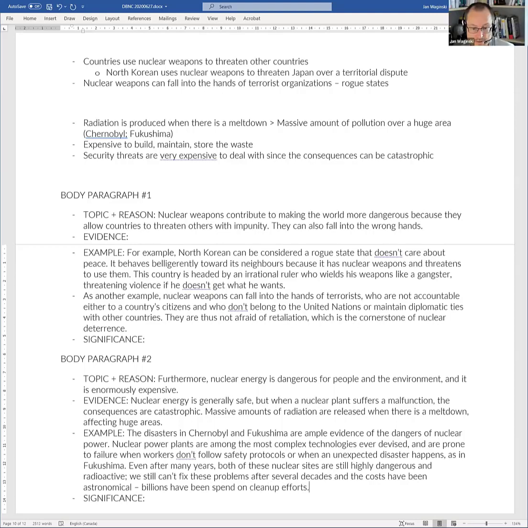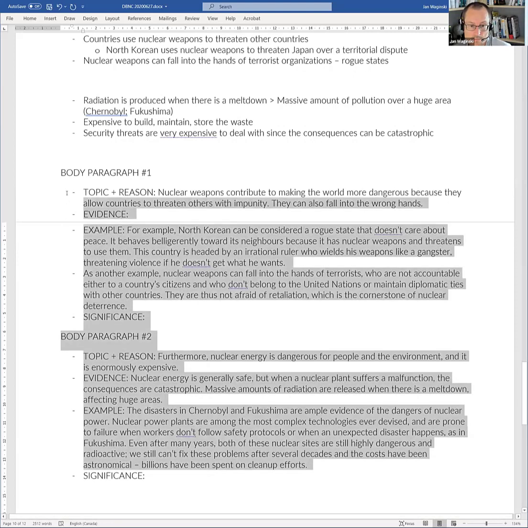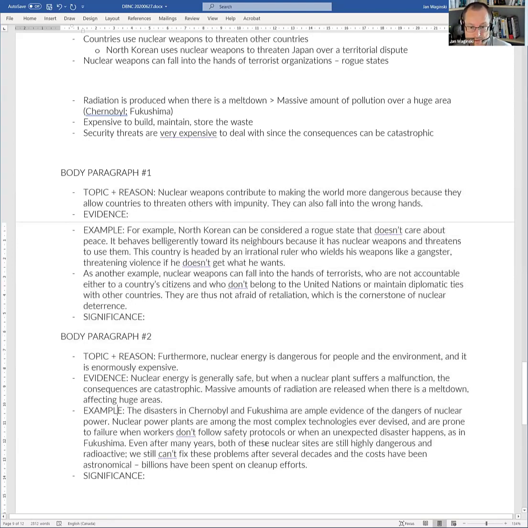Billions have been spent on cleanup efforts. Okay, this is good. It says 282, but there's a whole bunch of extra words in here. So this is at least 250, plus we need an introduction and a conclusion.